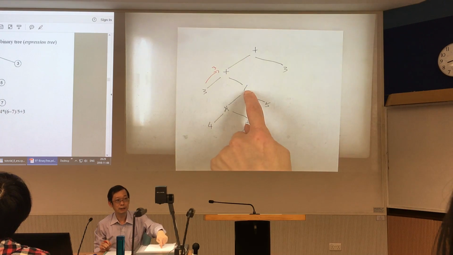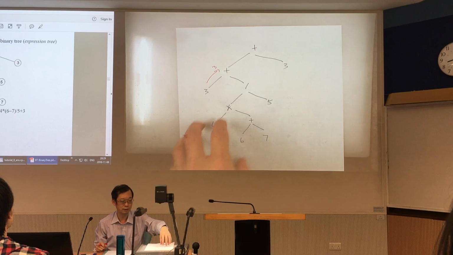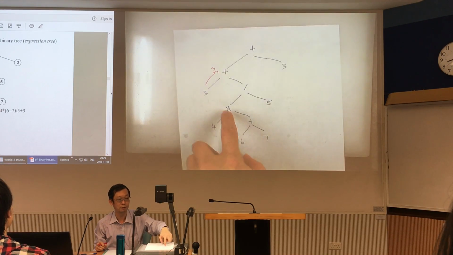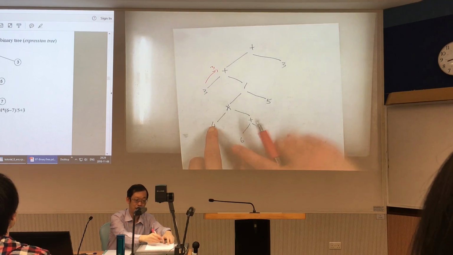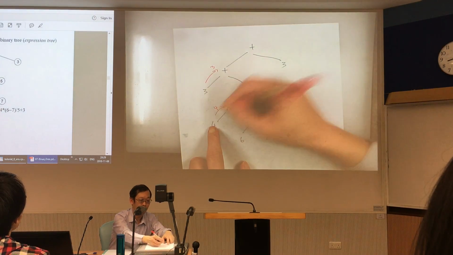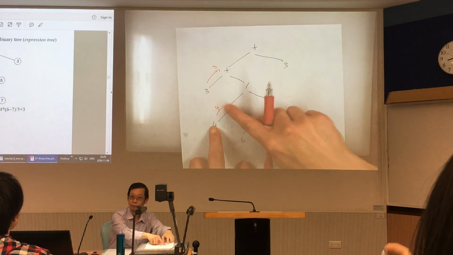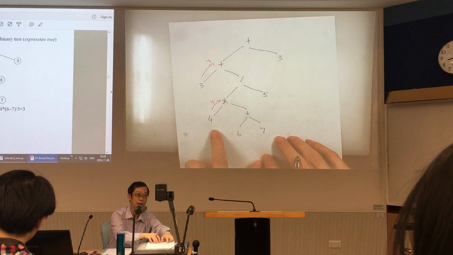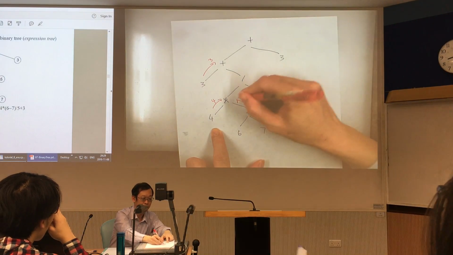Now, before we can evaluate the division operator, we need to evaluate its two subtrees. Now, evaluating its left subtree is the multiplication operator. We evaluate the left subtree, which is an operand, so we receive a value 4. Okay. And before we can evaluate the multiplication, we evaluate the right subtree. So 6 plus 7, it will return a value of 13.